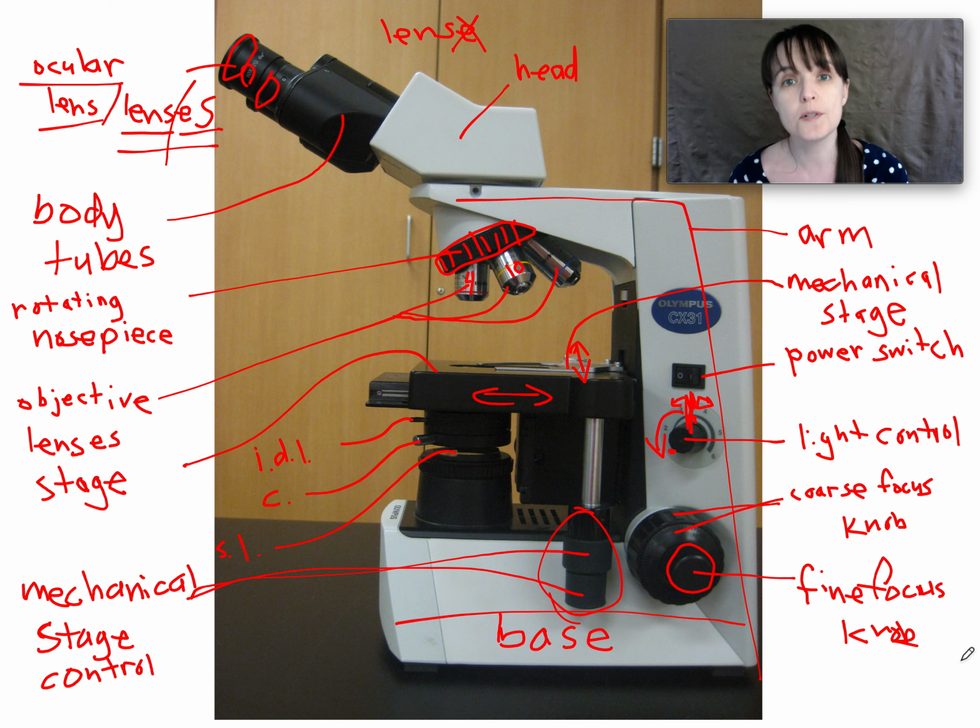So to use the microscope, what you will do is, I'm pointing at the picture with my finger, put the slide right here flat in the mechanical stage, flat on the stage, and use the mechanical stage controls to move the stage and the mechanical stage until the specimen is centered over the substage light, directly between the objective lens and the substage light.